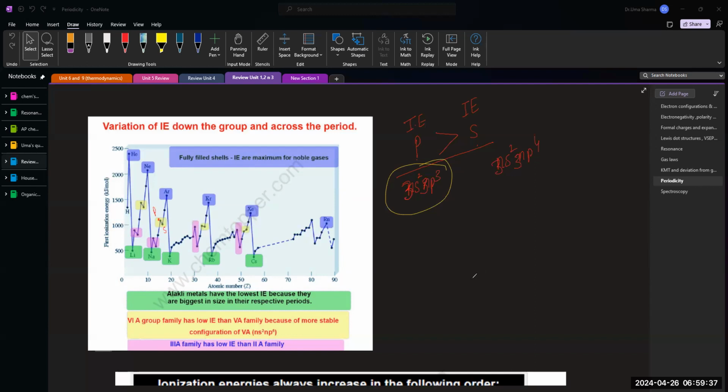Not understanding anything? Now I want an answer from all of you if you have understood this. Which one has higher ionization energy, magnesium or aluminum?